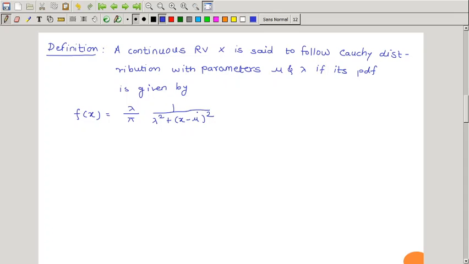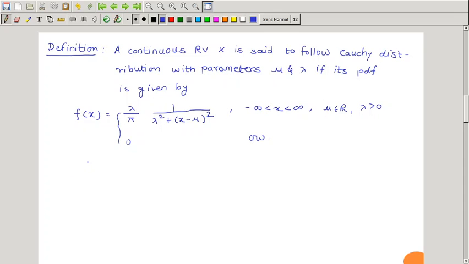This is the PDF of Cauchy distribution, where the range of x, that is random variable x, is minus infinity to infinity, and mu also lies between minus infinity to infinity, and lambda greater than 0, and 0 otherwise.